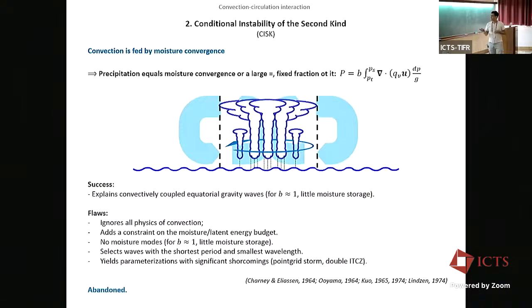And so there are quite a lot of references here, and you see that the latest one is 1974. And so it's an interesting idea to keep in mind that you have those two processes, diabatic processes and convection in particular. And on the other side, you have the dynamics. And if you tend to couple them a little too closely, a little too systematically, you run into trouble.